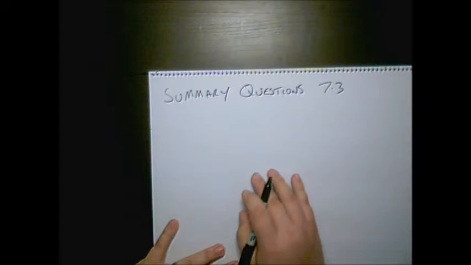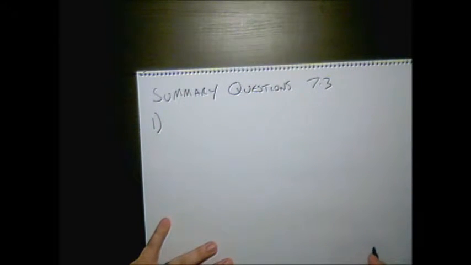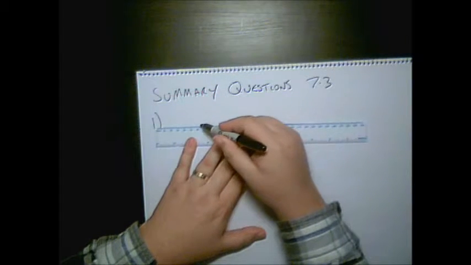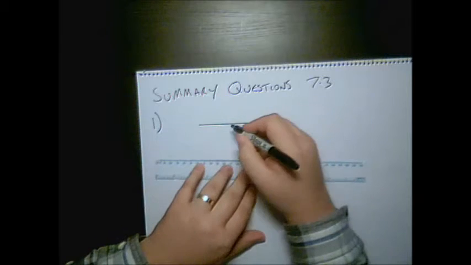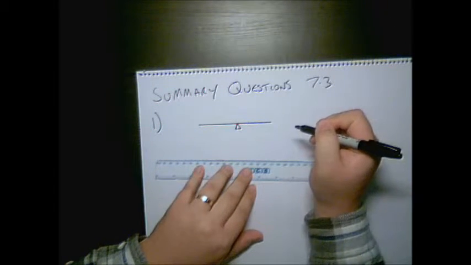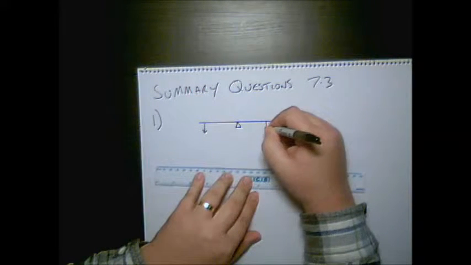So, as far as moments go, this is a very simple question. We can draw our seesaw on. We've got some kind of pivot point here. We have a weight this side and a weight this side.